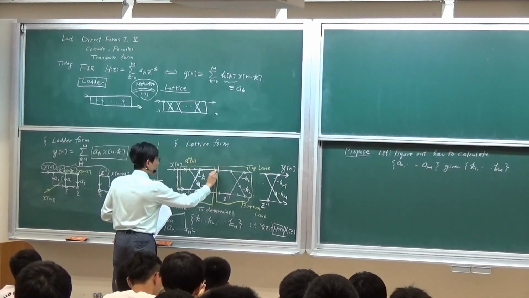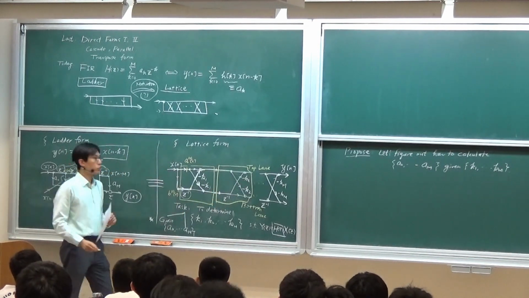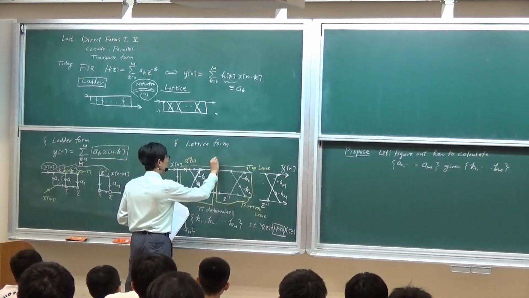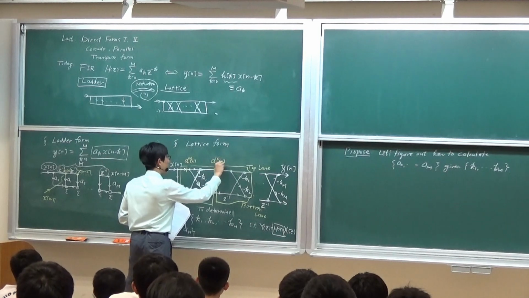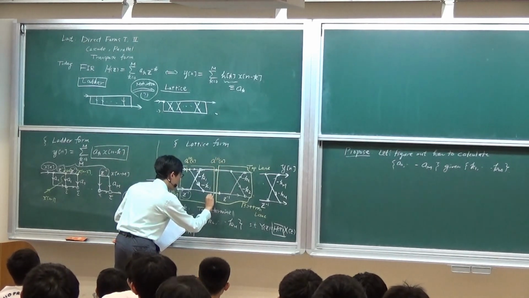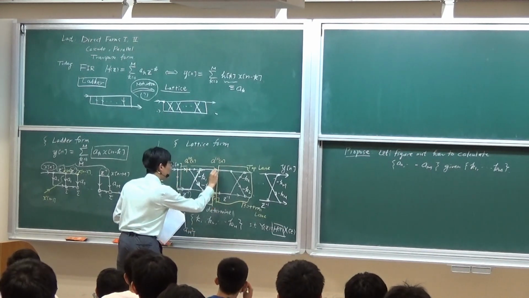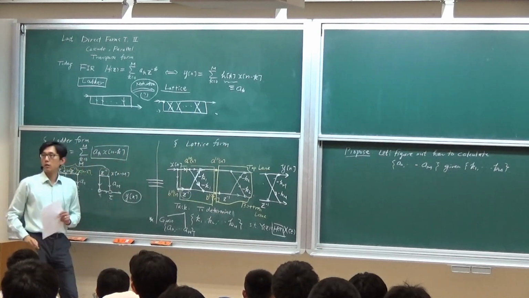Immediately after the first block, we have two outputs, right? On top, I'm going to call it A superscript 1 of n. At the bottom, similarly, B superscript 1 of n.